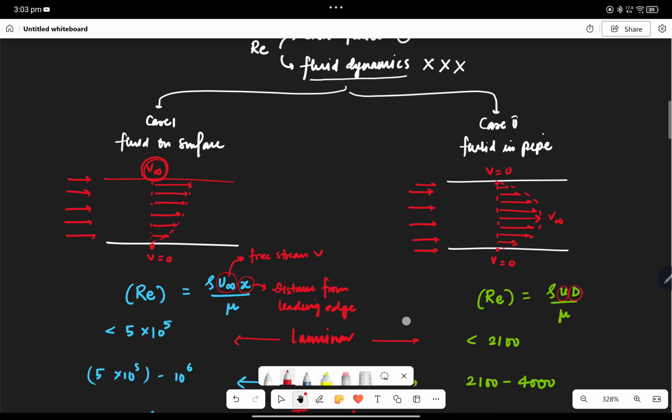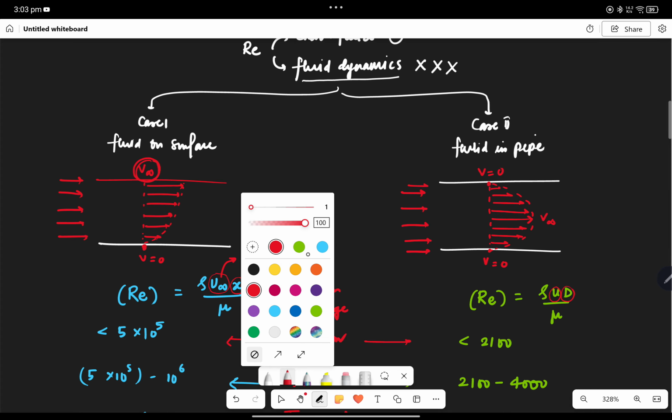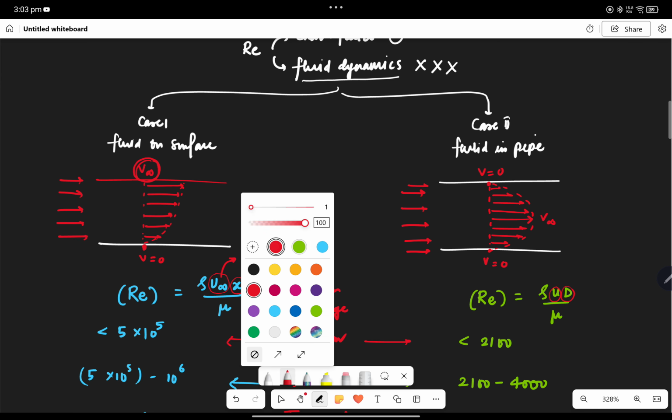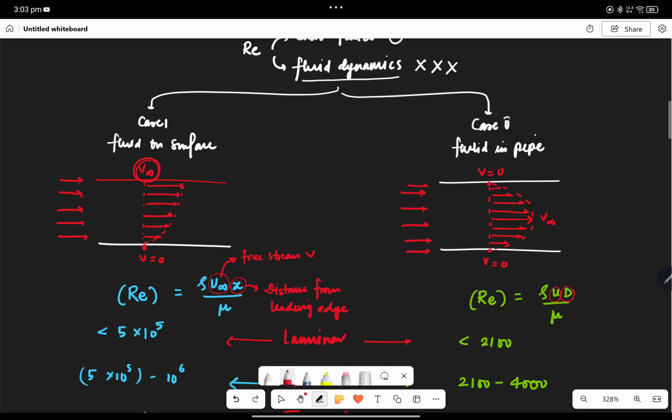And here in this part we are going to get the value as u.